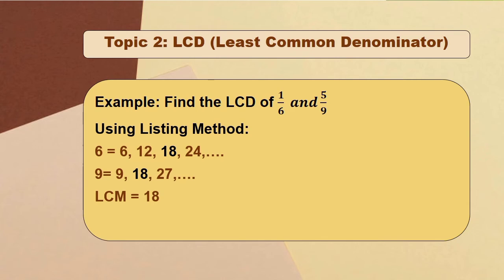The multiples of number 6 are 6, 12, 18, and 24. While the multiples of number 9 are 9, 18, 27, and so on. The least common multiple of 6 and 9 is 18. Therefore, their LCD is 18.